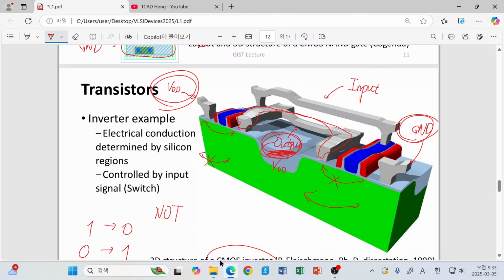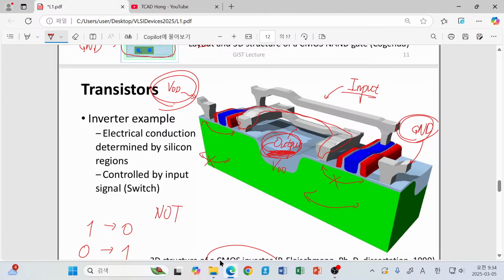And then the requirement is the ability to change the electrical connection between the output node and VDD, and the output node and ground. How can we electrically control this connection?